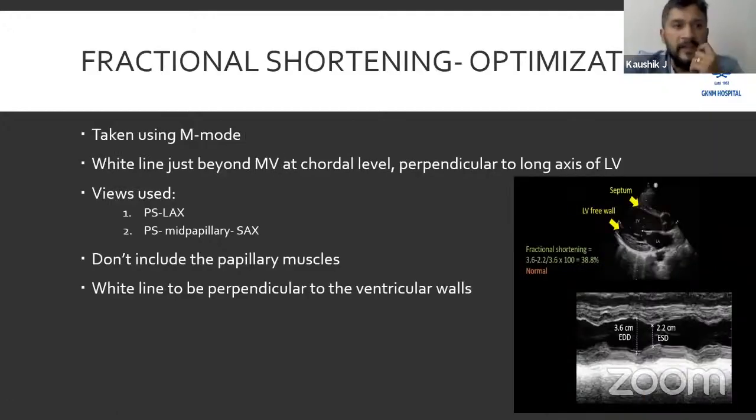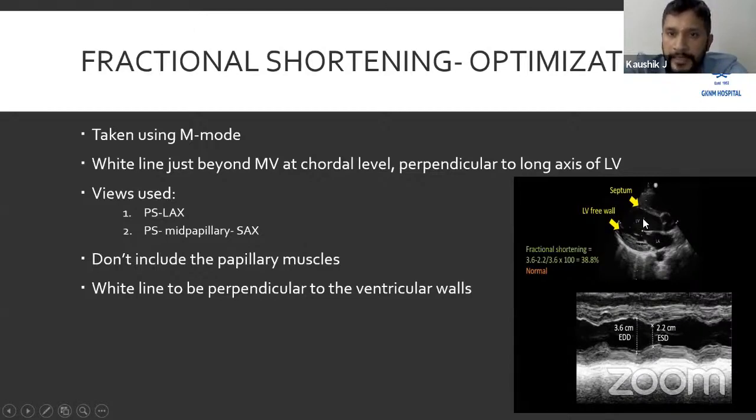So for the fractional shortening, how do we optimize this image? First of all, it is taken using your M mode. Once you choose the M mode, the white line will be dropped. This white line is ideally placed just below the mitral valve leaflets at the caudal level.